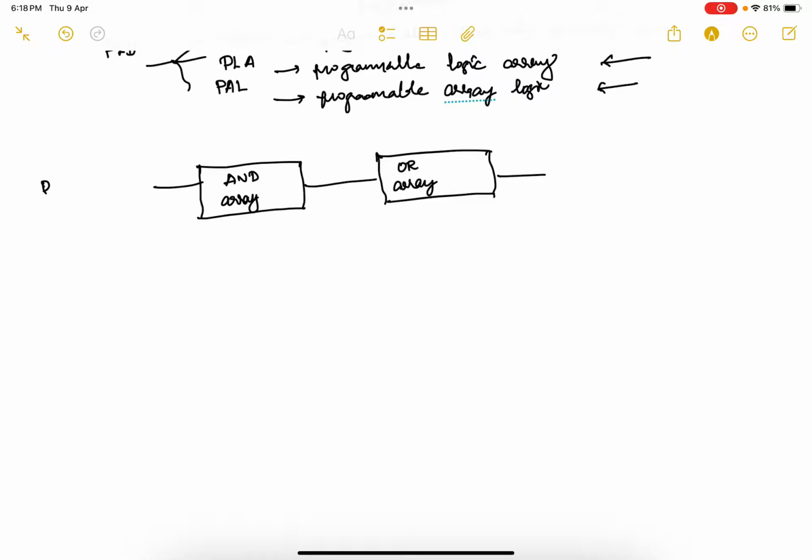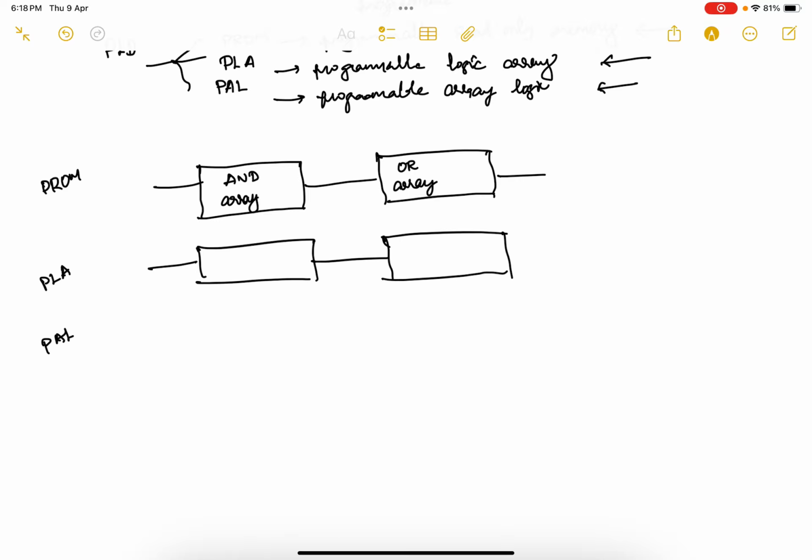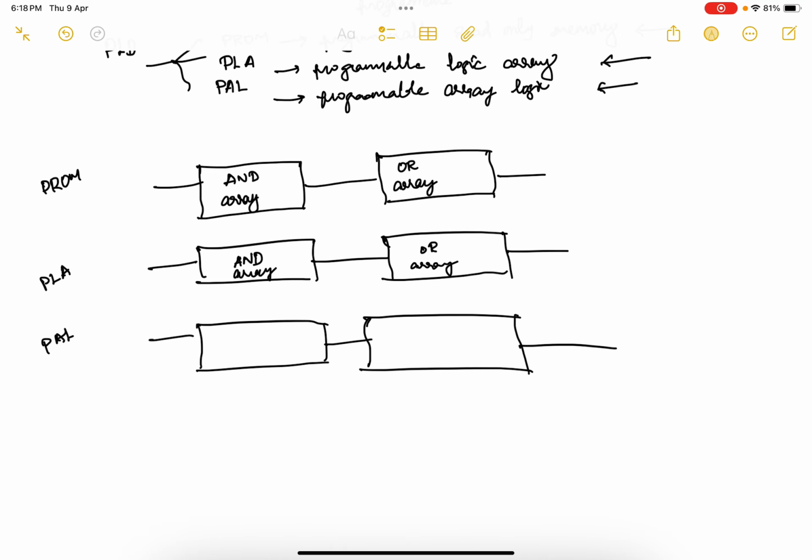Whether it is a PROM, PLA, or PAL, all will have the same combination of AND array and OR array.